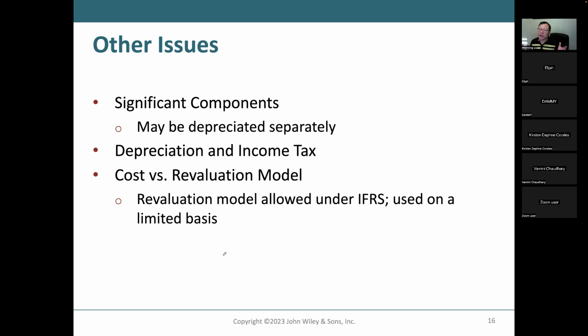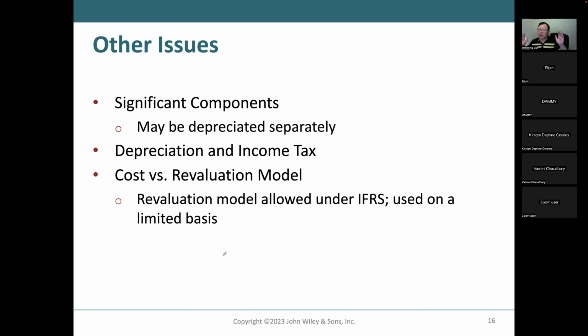So the point here is, even though the engine and the cabin are both part of the same aircraft, you probably want to depreciate the significant components separately, because the engine is more valuable and its useful life is much longer.